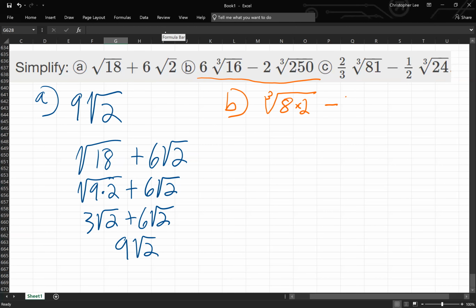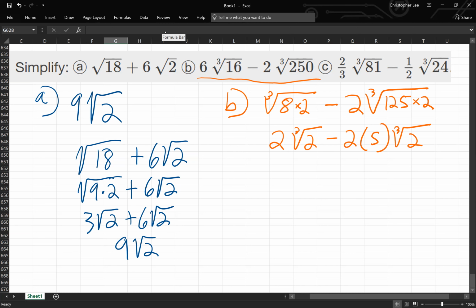And then minus 2 cube root of, what's this? Oh, yeah, you're right. 125 times 2. And then cube root of 8 is what? 2, right? So 2 cube root of 2 minus 2 times 5 cube root of 2, something like that. And we just do the math on that.